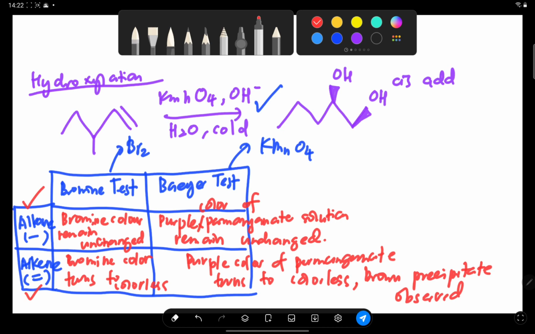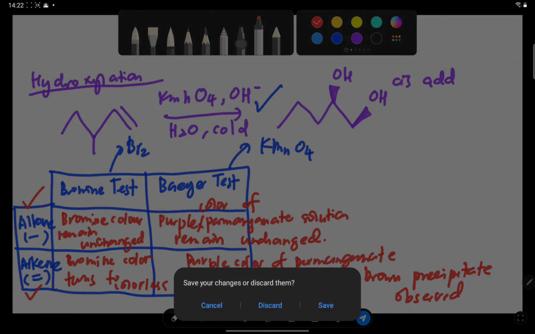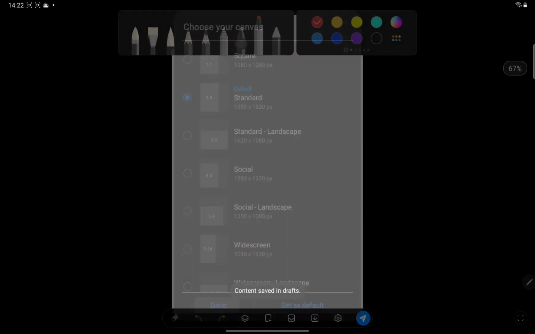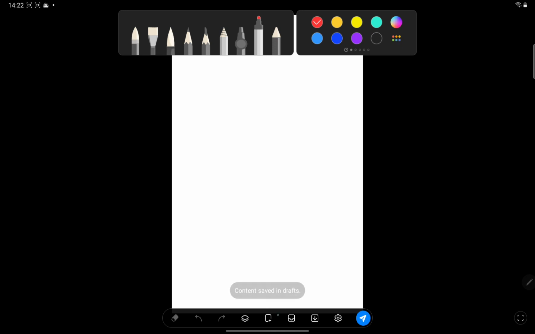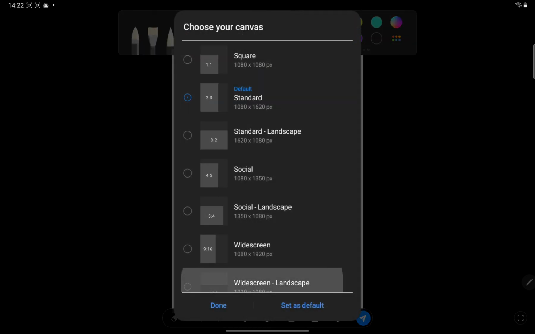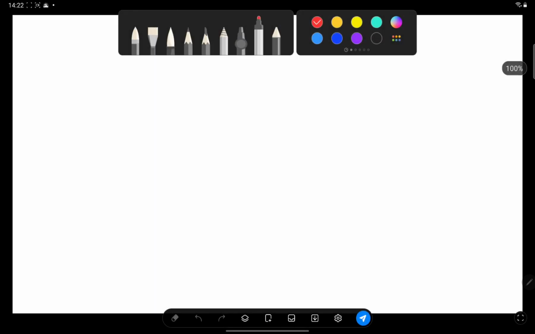And finally, for the uses of alkene. So what are the uses? Basic uses of alkene.